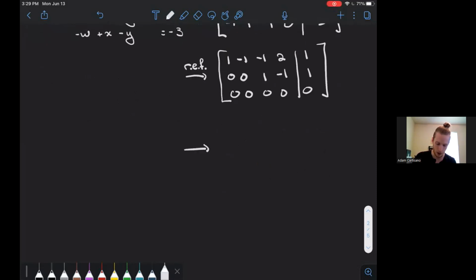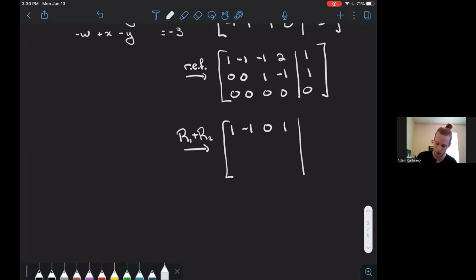So row 1 plus row 2 gives us, well, the first two numbers don't change because you're adding 0. Then negative 1 plus 1 is 0. 2 plus negative 1 is 1.